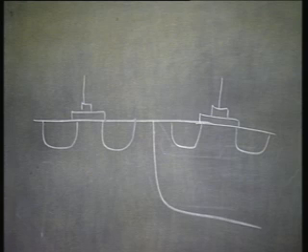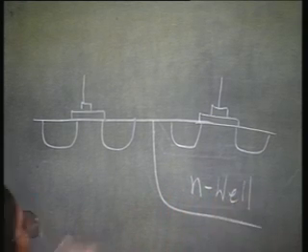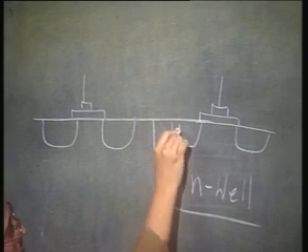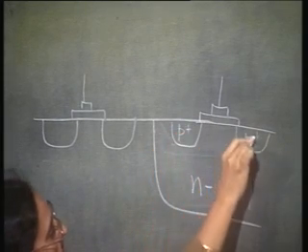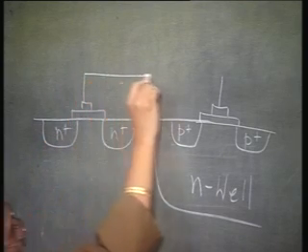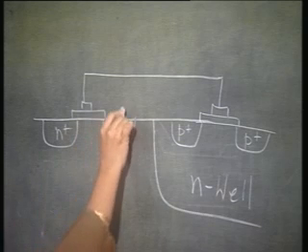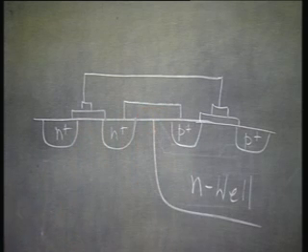Let us say this is my Nwell. So, this is my PMOS, P plus, P plus, this is N plus, N plus, two gates are tied together. These two are also tied together.